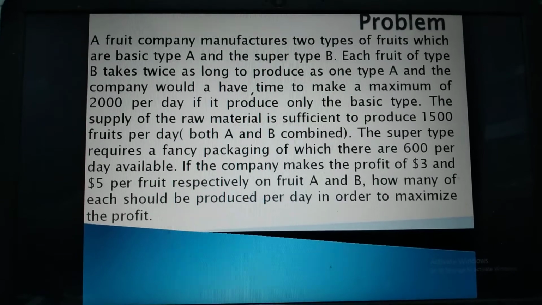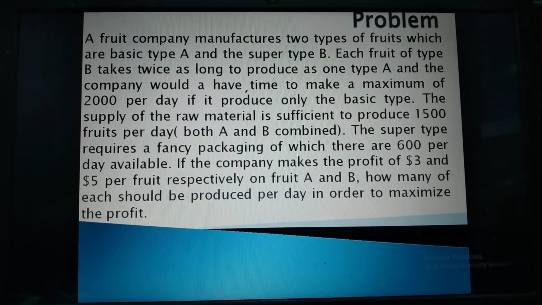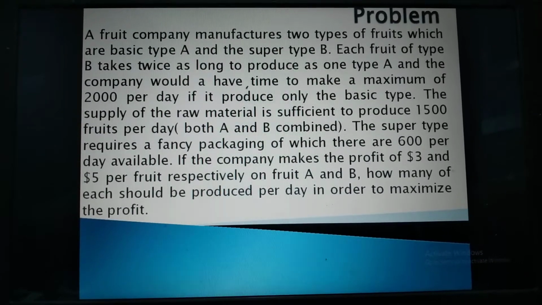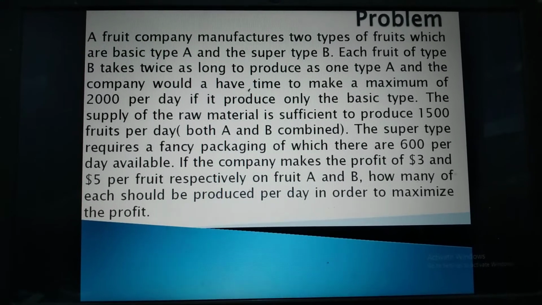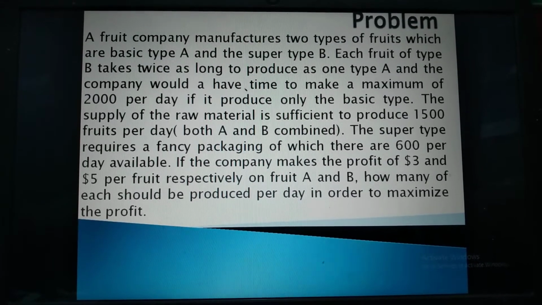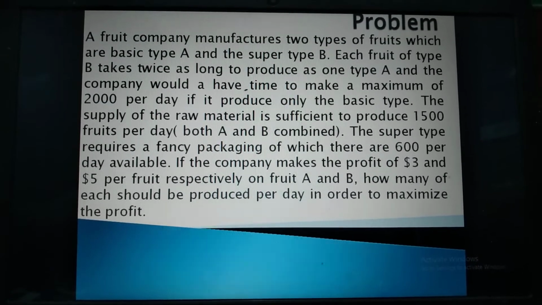The supply of the raw material is sufficient to produce 1,500 fruits per day, both A and B combined. The super type requires a fancy packaging of which there are 600 per day available.